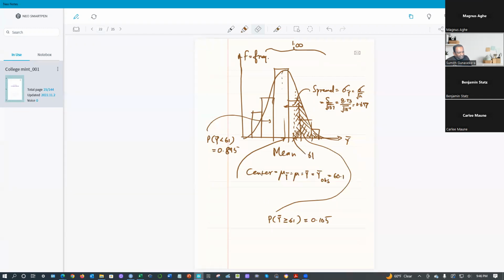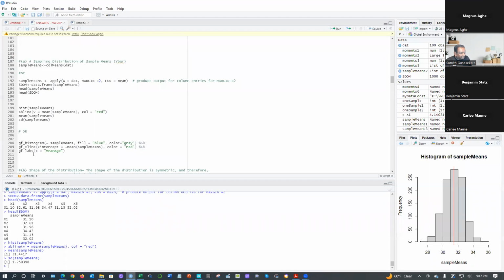But here we have not only one sample, we have 1,000 samples, so it doesn't work that way. If you have only one sample, then it's going to work. We can overcome this difficulty later.